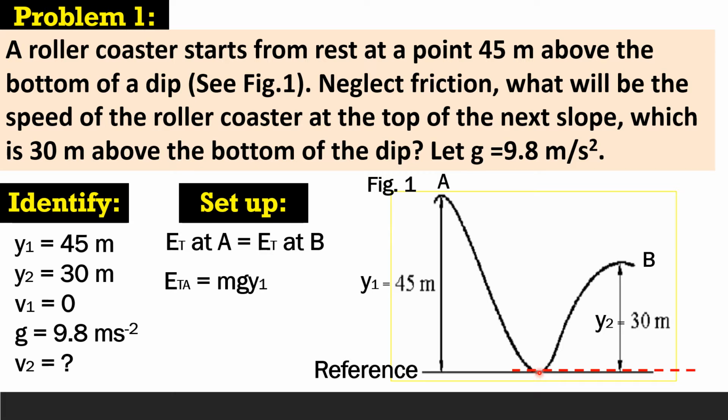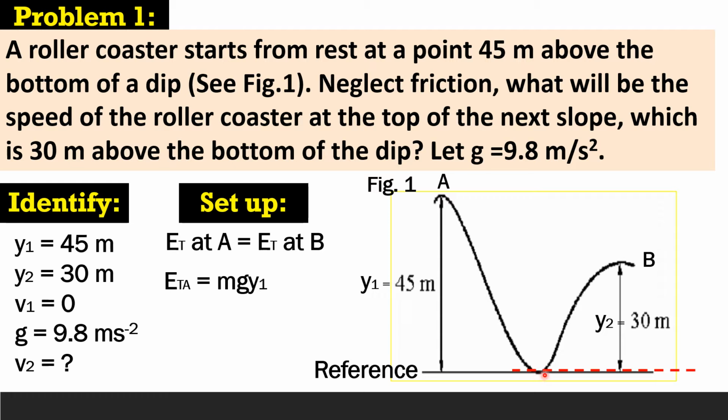In fact, when it reaches the bottom, it is considered to have the greatest kinetic energy, because it is at this point that the speed of the roller coaster becomes the greatest. And so practically all the gravitational potential energy that the roller coaster possessed at point A will become kinetic energy at the bottom.